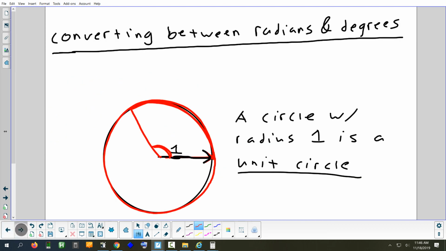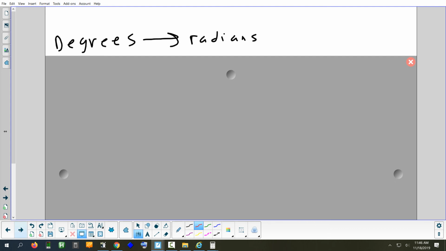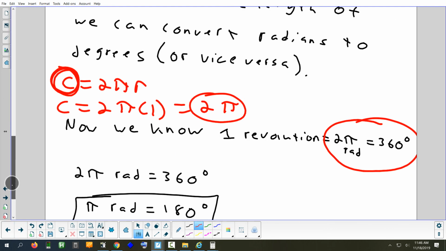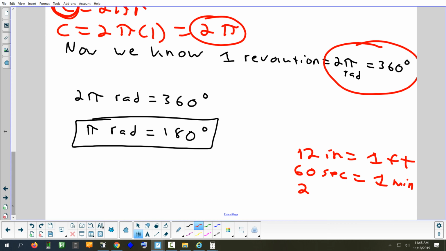So I had degrees to radians first. All right, so let's see, degrees to radians. Let's get a 1 on the right side.